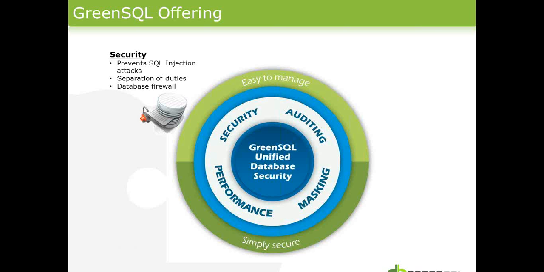As I mentioned, the Windows Azure SQL Database Firewall only limits users from certain IPs to connect to the database, but with GreenSQL you can limit access for a certain user, for a certain application within a certain time frame. You can limit DBAs from accessing the application data.